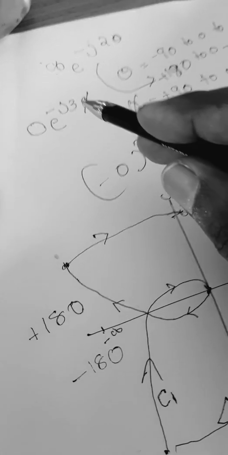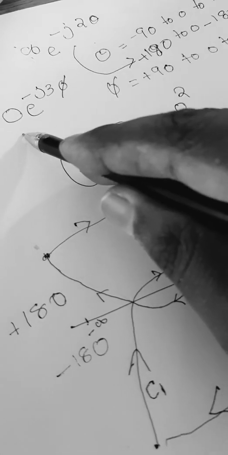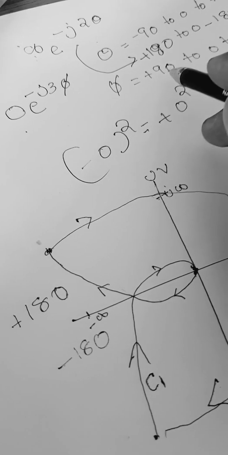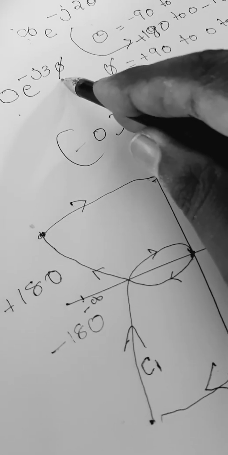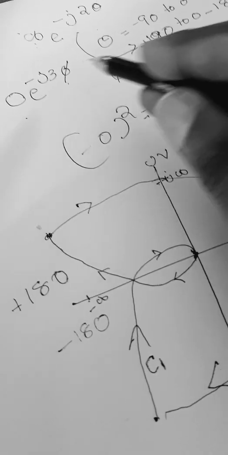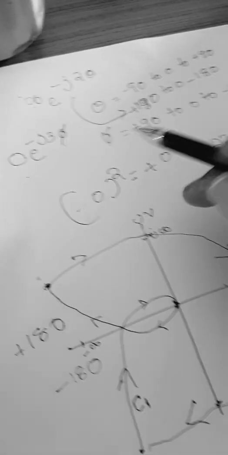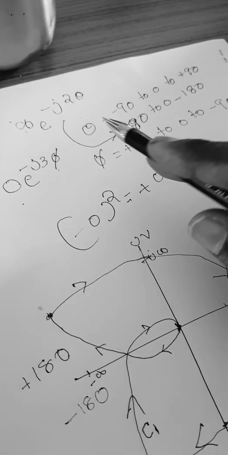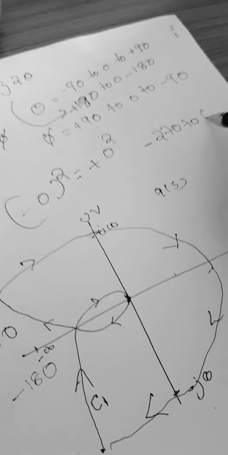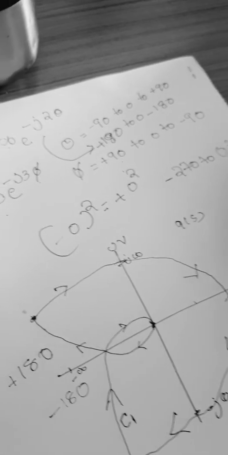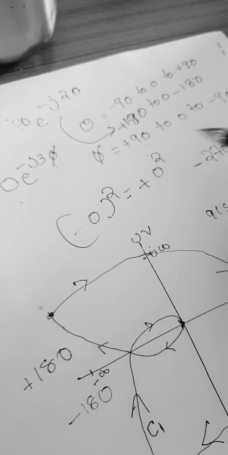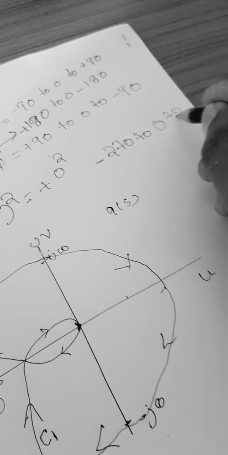So when you are substituting this into the exponent, for plus 90, the magnitude is 0. If you put theta as 90 degrees, 3 into 90 means minus 270, so the angle is minus 270, with magnitude 0. And if you are substituting minus 90, it will become plus 270.